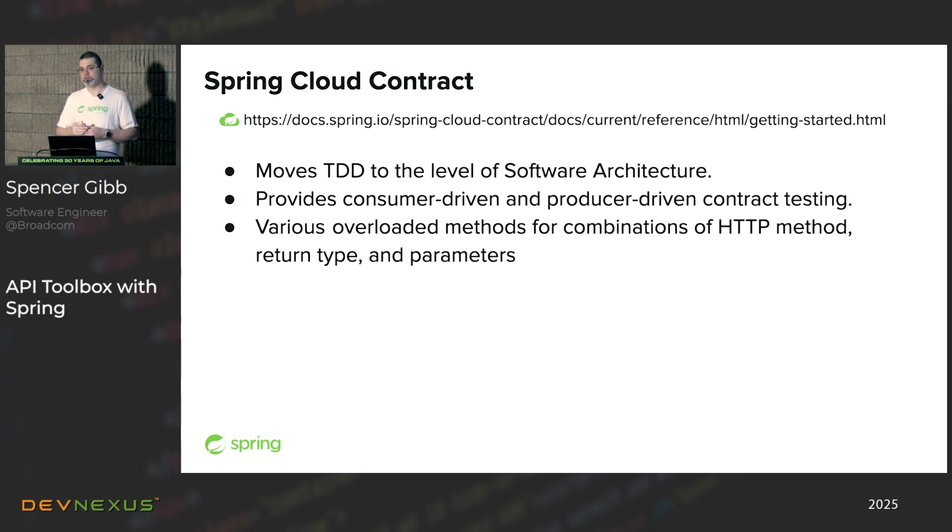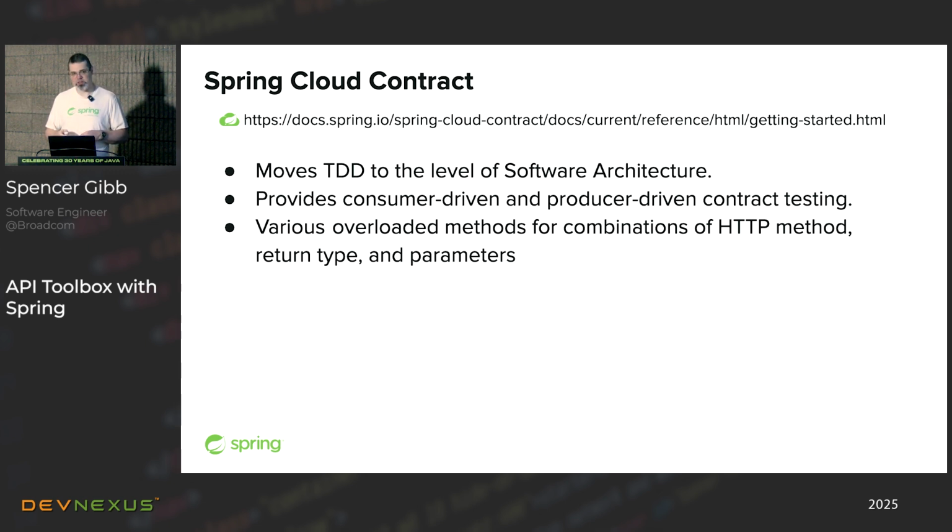So what happens is you create stubs for a service, and they get published to a Maven repository, your local Nexus, for example, and then a consumer will consume those and run tests against them. And if the producer side has made a breaking change, then you can see that in CI.